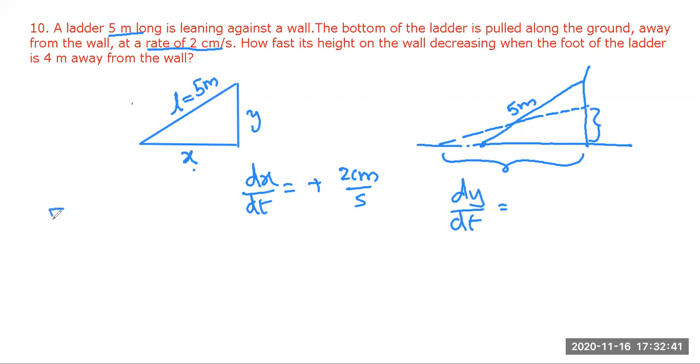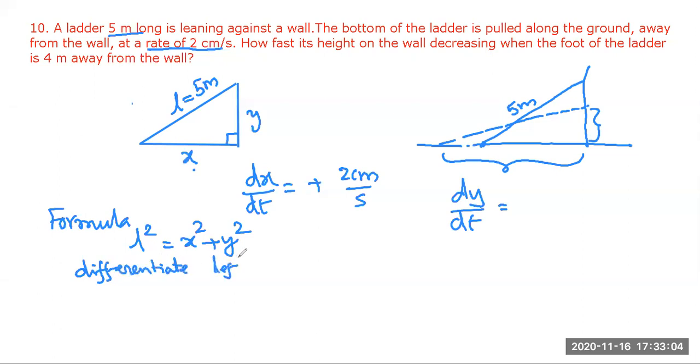So we need a formula. What is the formula we can get with L, x and y? L square equals x square plus y square. This is the Pythagoras theorem. Now differentiate the left side and the right side with respect to t, because he's asking how fast.